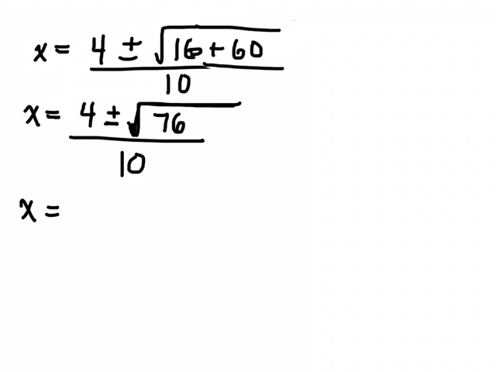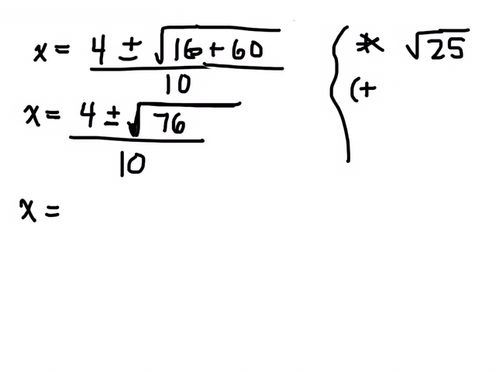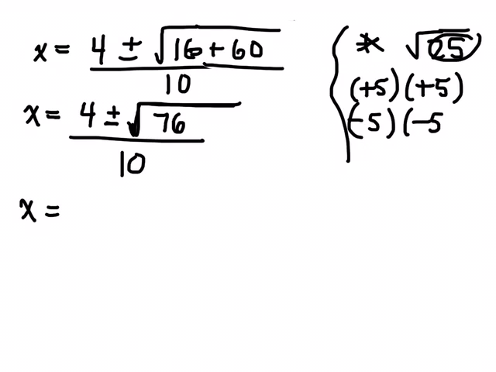Do you remember why I said it's going to be plus or minus? A square root of a number can be a positive or a negative, right? Just like I showed you. As a side note here, square root of 25 is what? 5, okay? We know that positive 5 times positive 5 will give me 25, and I know that negative 5 times negative 5 will also give me positive 25.